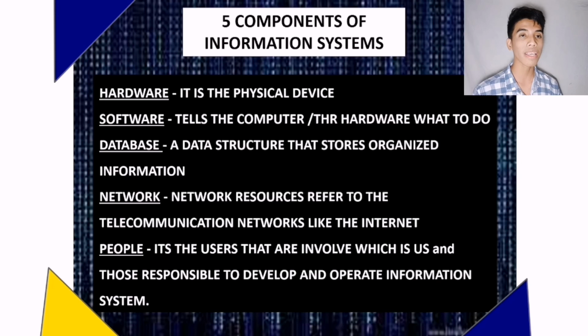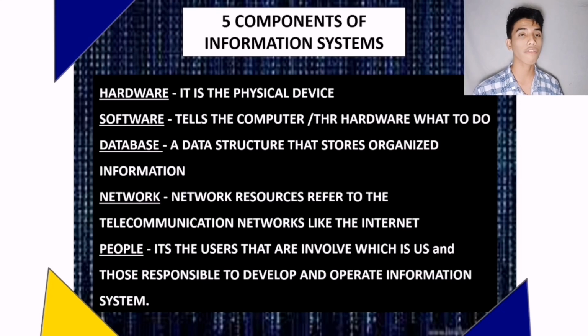Software tells the computer or the hardware what to do. Database is a data structure that stores organized information. Network resources refers to telecommunication networks like the internet. And the very last component of the information system is the people, the manpower required to run and manage the system.